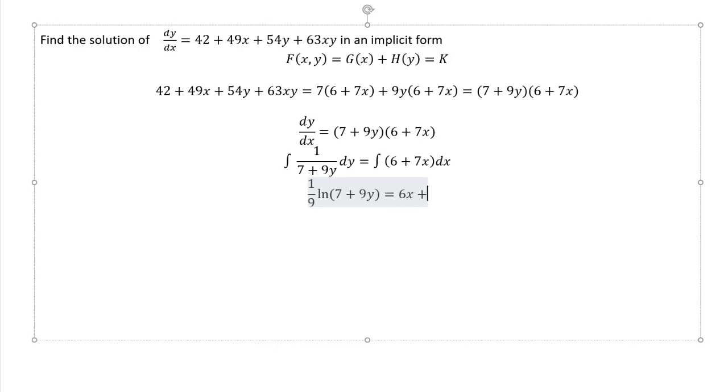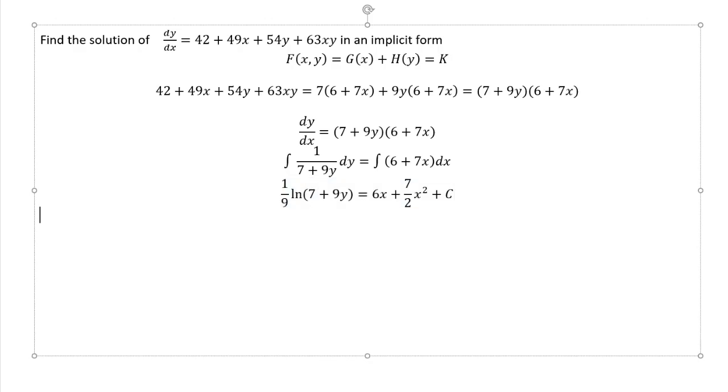And then if you integrate 7x, you get 7 over 2 x squared. And then when you integrate both sides, you have to put plus c, but you should put plus c only on one side. Don't put it on both sides. So we're almost done. Oh, but wait, we decided to call the constant k, not c. So we're just going to put this as k.